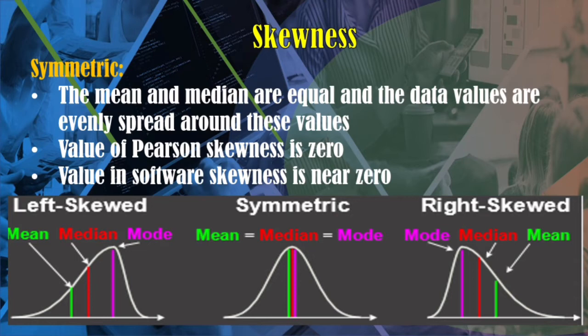Looking at the illustration in your slide, symmetric skewness is where the mean and the mode are the same on the left or right of the center point, which is the median.